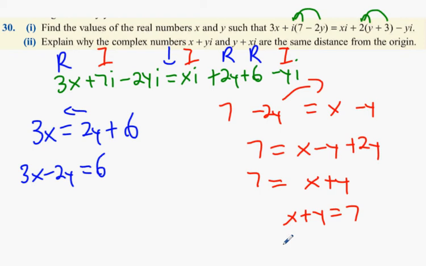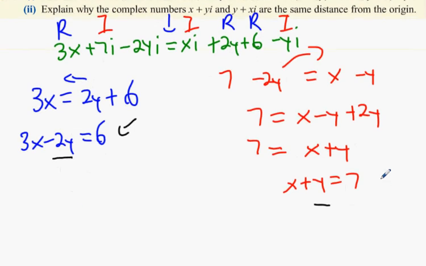I'd go for y. You can do either, but why is y easier? Because in this equation, the y is a negative. In this equation here, the y is a positive. So if I just multiply this one by 2, what happens? 2x plus 2y equals 14.